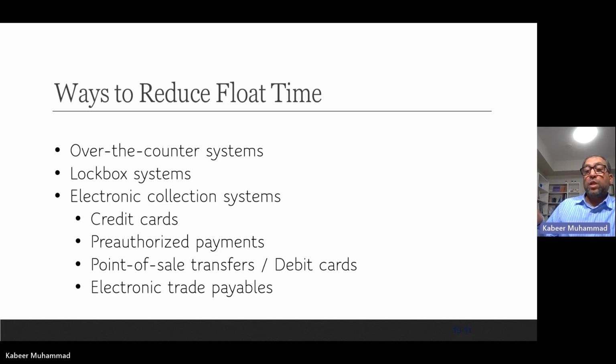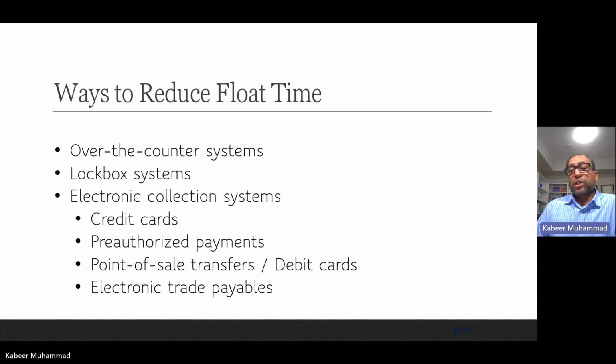You write the name, sign it, write the amount, put it in an envelope, seal the envelope, and then put the envelope into those lock boxes. Normally at the end of the day, or during the day, they collect those envelopes and take them to the processing center, and then they open these and process them, and finally they make a collection through this.